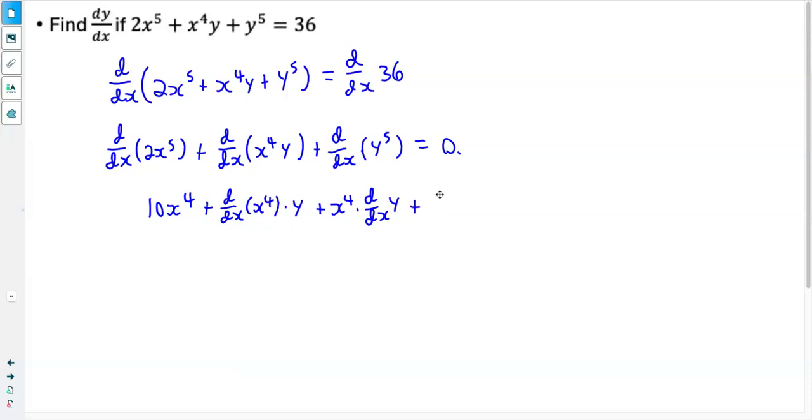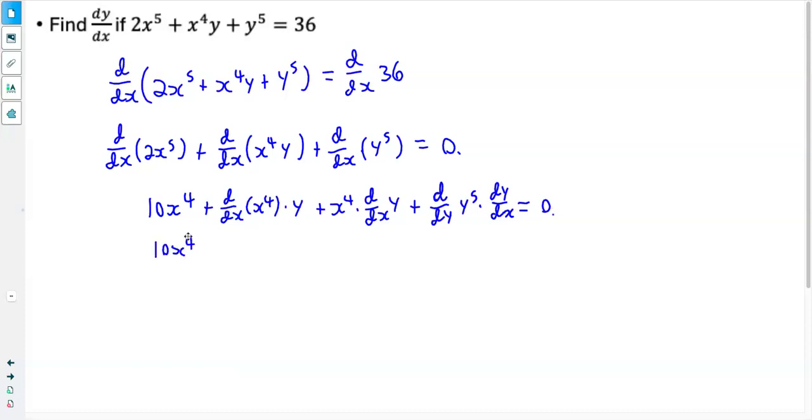And then we have plus our derivative of y to the power of 5. So what we can do is change this into d over dy of y to the power of 5 times dy over dx. Now we know that equals 0.